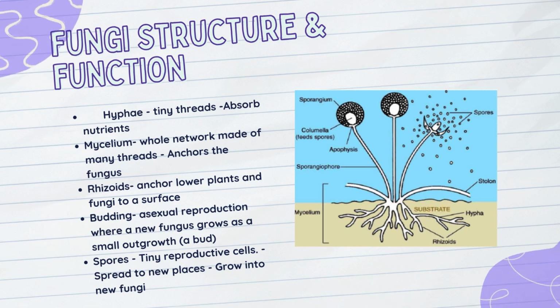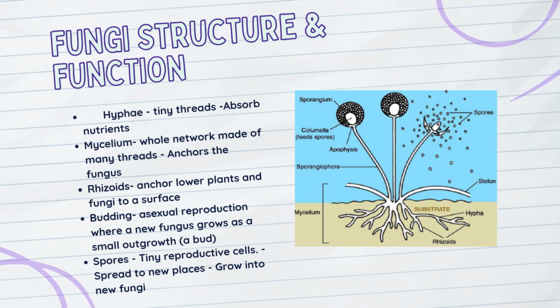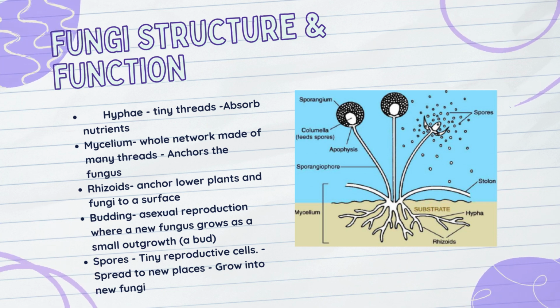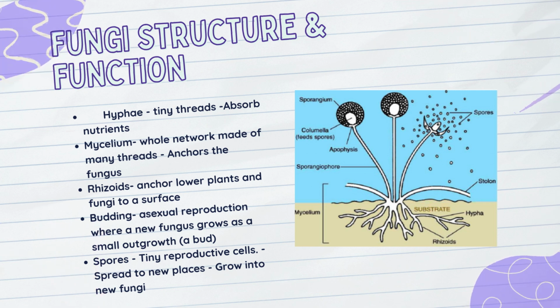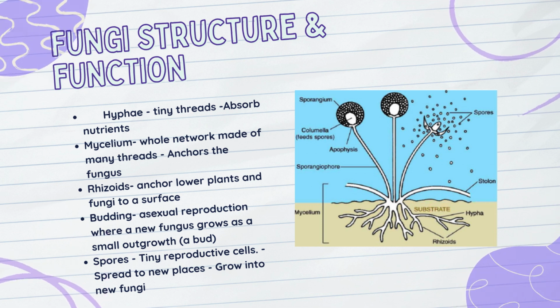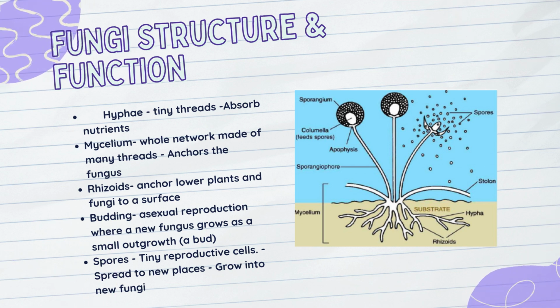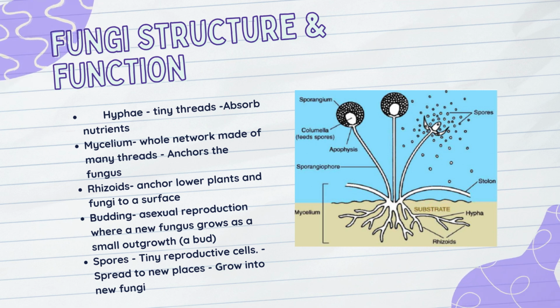So a fungus has hypha, which is like a strand-like filament, and it helps to absorb nutrients and helps the fungus to grow and spread. Then we have mycelium. Mycelium is like a network of hypha, so multiple strands of hyphae will make up the mycelium.